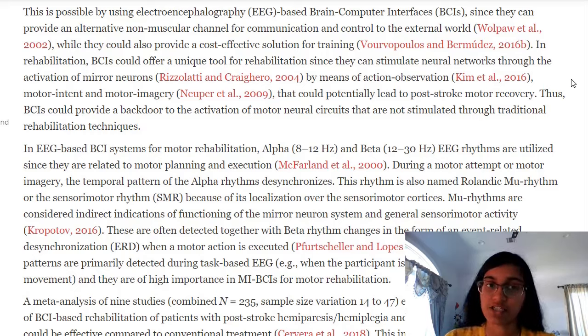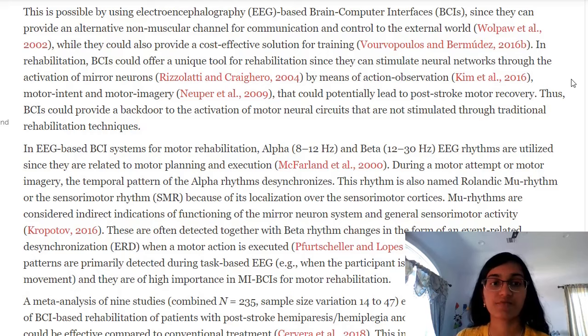They say that in rehabilitation, BCIs could offer a unique tool, since they can stimulate neural networks through the activation of mirror neurons by means of action observation, motor intent, and motor imagery that could potentially lead to post-stroke motor recovery. When I was saying before that action observation allows the same neural pathways to be stimulated whether you perform an action or watch someone else perform it, those pathways are the mirror neurons.